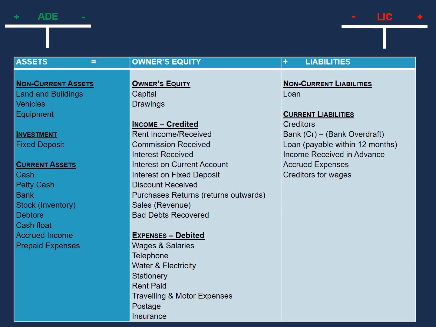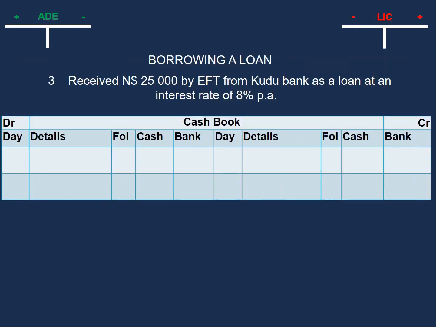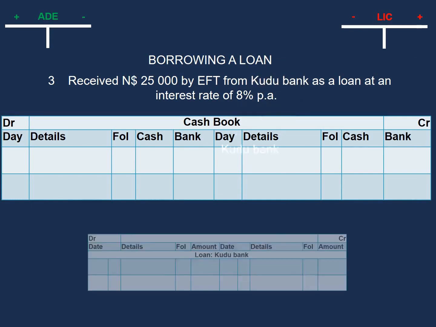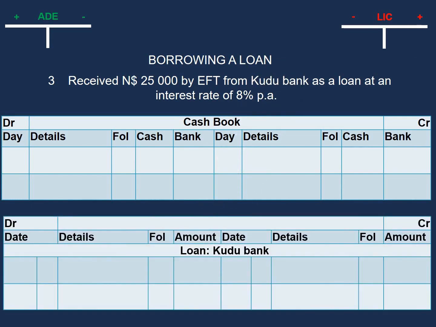Now let's go and complete that transaction. Firstly, we would need to enter our loan account, but please remember we should enter not only loan but where we got the loan from, and we got the loan from Kudu Bank, so it's loan Kudu Bank.